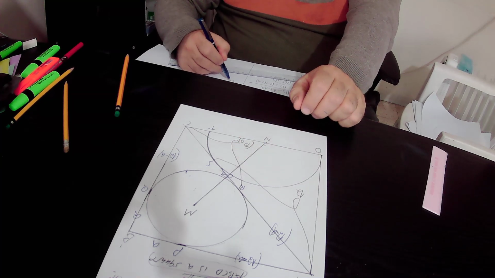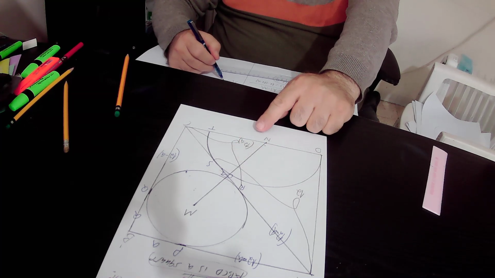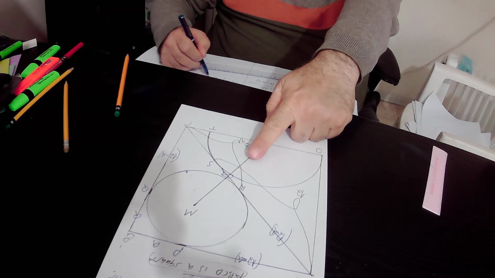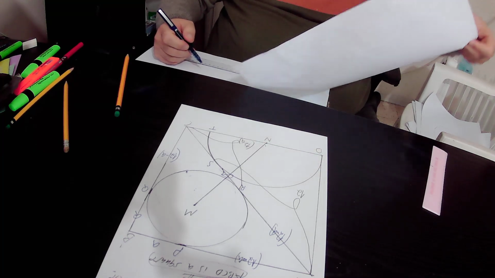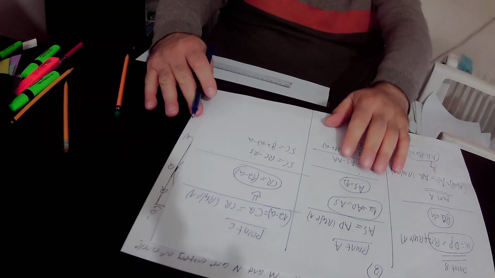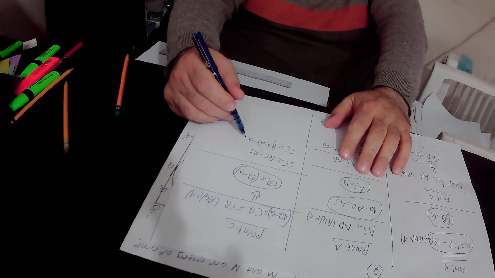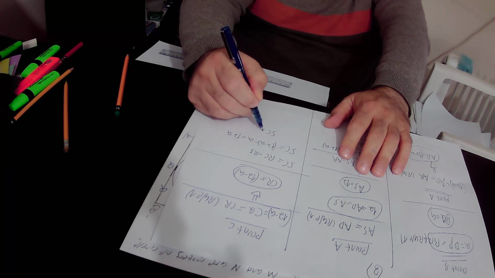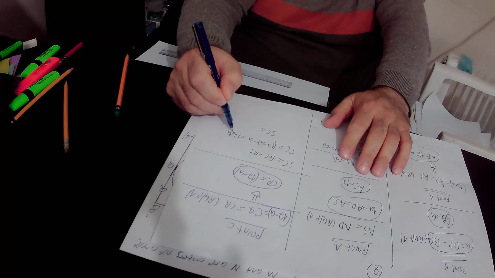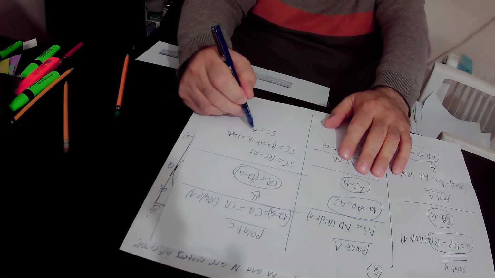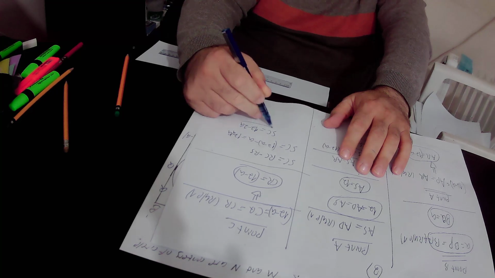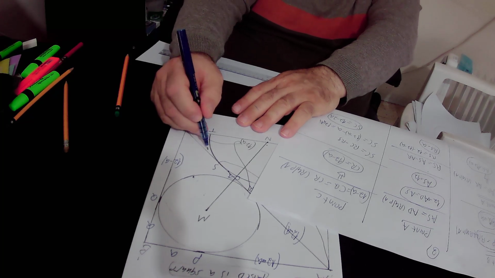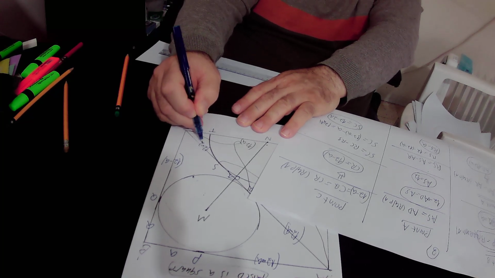So SC equals RC, that is 12 minus A, minus RS, that is A. So we found out that the value of line segment SC is equal to 12 minus 2A. We can write here that SC equals 12 minus 2A.